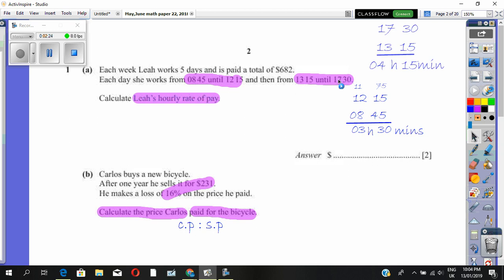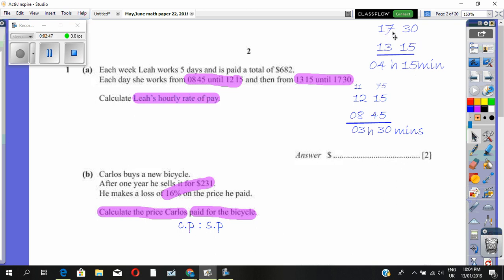Let's see the other time, from 13:15 to 17:30. We subtract 13:15 from 17:30, and we get the working hours are 4 hours and 15 minutes. We subtract 15 minutes from the 30 minutes, we get 15 minutes here.